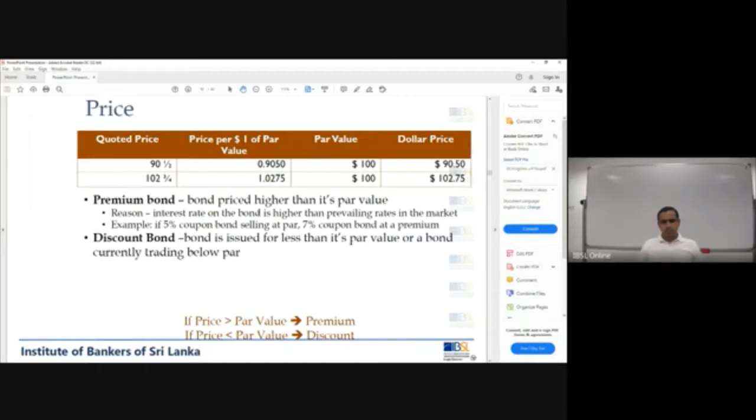Okay. So if you look at this table, it gives the quoted price of a bond, right? It's in percentage terms, 90.5. That means for every dollar, it's trading at 90.5%.